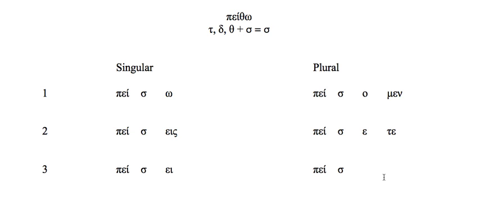And finally, we have usin. Pronouncing, we have peiso, peises, peise, peisomen, peisete, peisusin. Translating, I will trust, you will trust, he, she, or it will trust, we will trust, you will trust, and they will trust.